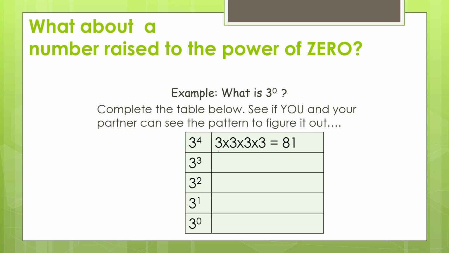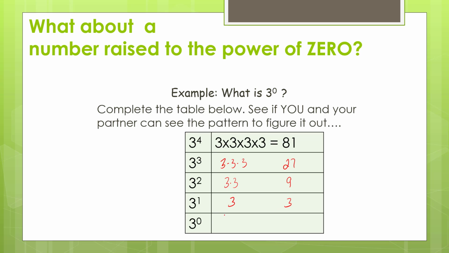And 3 to the 4th power is 3 times 3 times 3 times 3. And that equals 81. 3 to the 3rd power is 3 times 3 times 3. 3 times 3 is 9 times 3 is 27. 3 squared, well, we know that to be 9. 3 to the 1st power, that's 3.